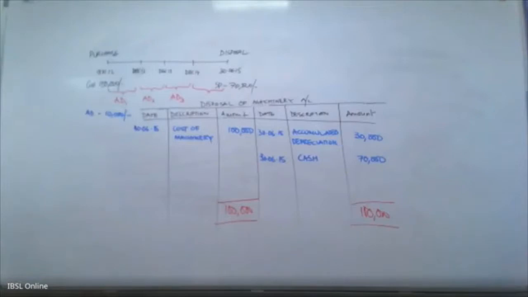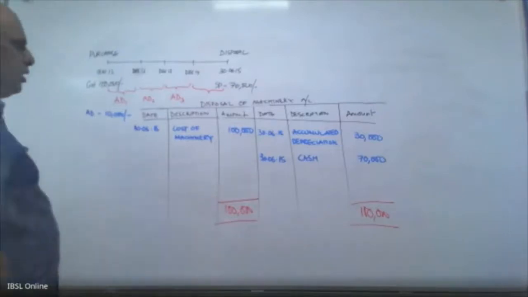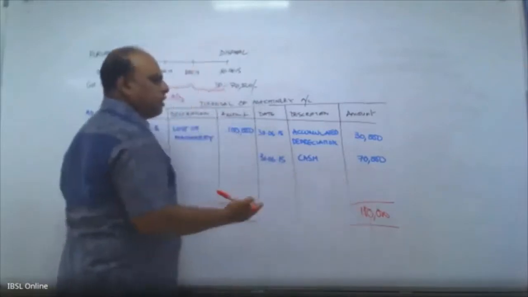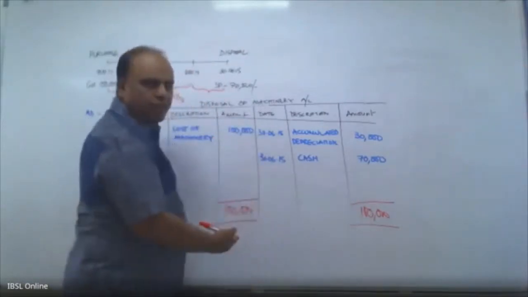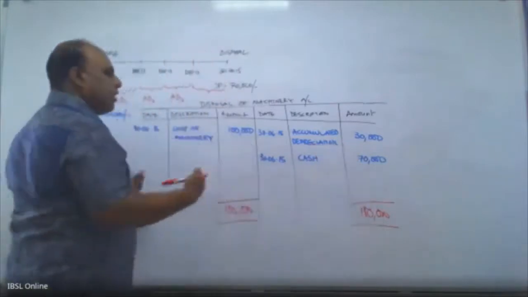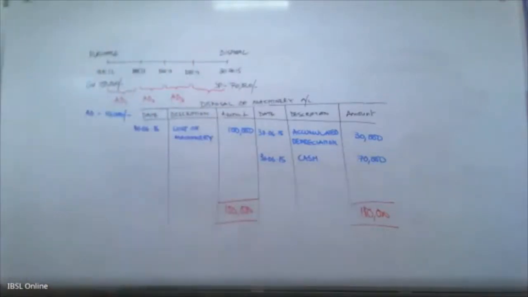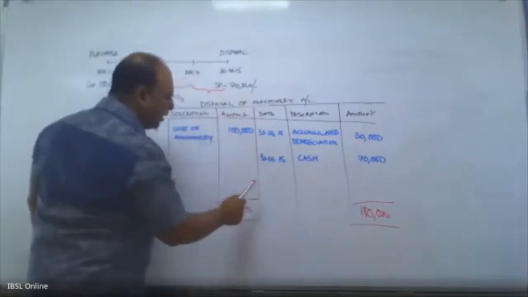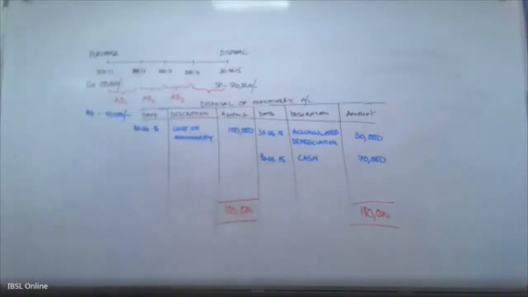So actually, there is no profit, no loss, because you don't have a balancing figure to put in both sides. This side is 100, this side is also 100. So there is no balancing figure that you need to put in. As a result, this disposal doesn't have any profit or any loss. Okay?